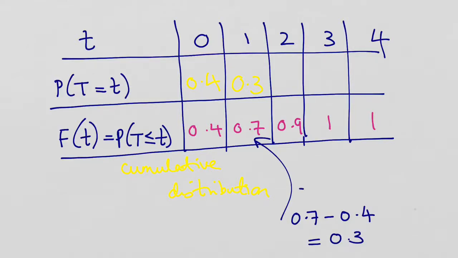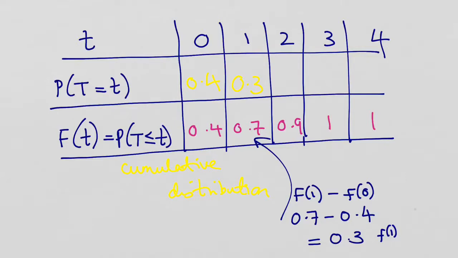So that's my F of 1, and that's my F of 0. And if I do F of 1 take away F of 0, I am just left with my little f of 1. Okay? I know it's lots of new notation. It'll take a little while to get the hang of it.